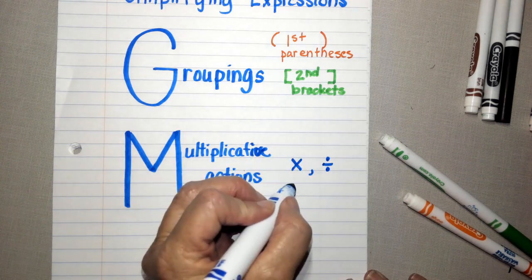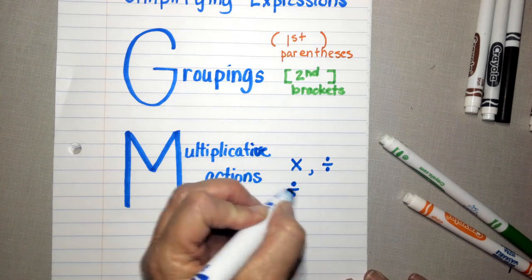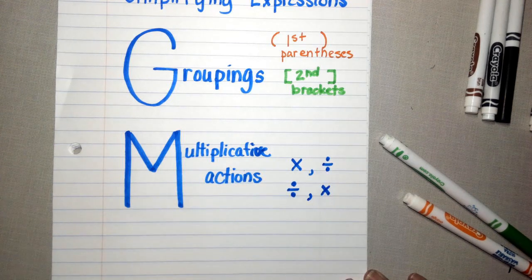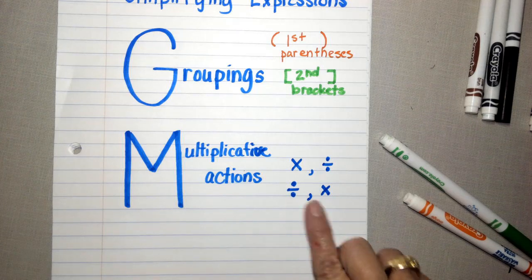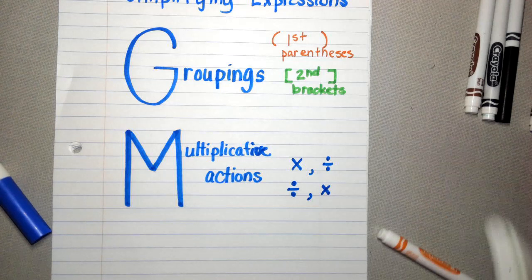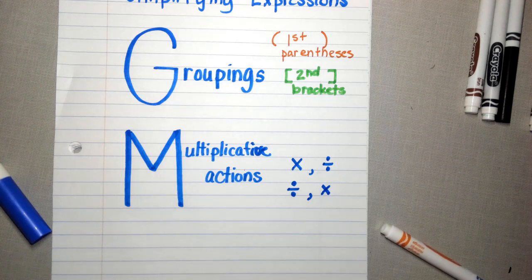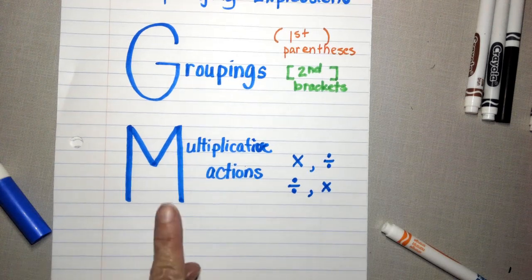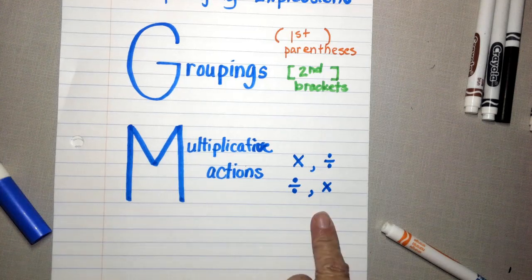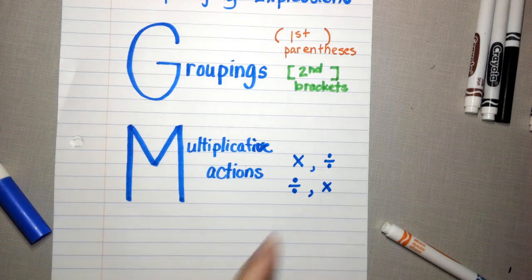Sometimes we're going to see division first in an expression before multiplication, and in that case we would solve divide before multiply. And so you're probably thinking to yourself, how do we know which one to solve? Well, it's very easy. If you have both in an expression, it's always the one that you see first when you read from left to right, just like you're reading a book.